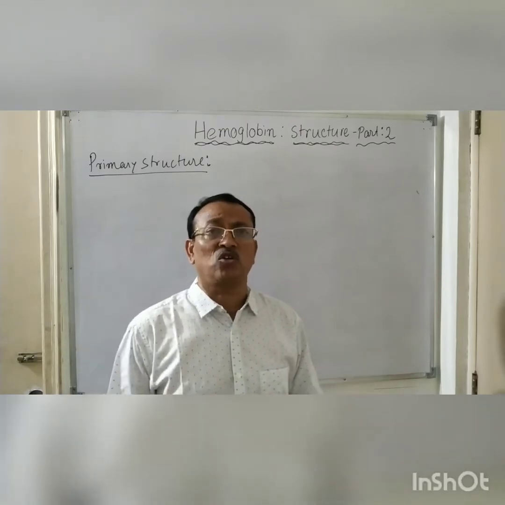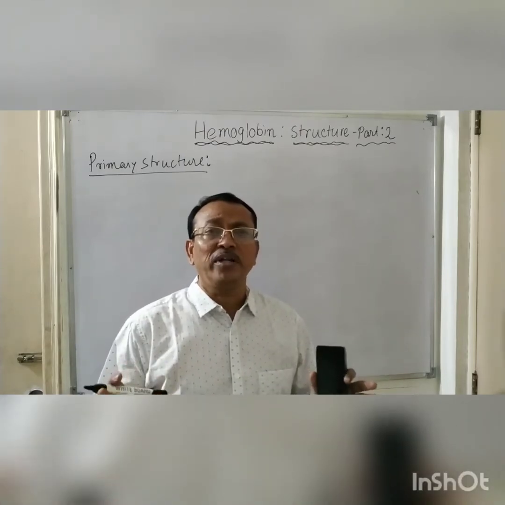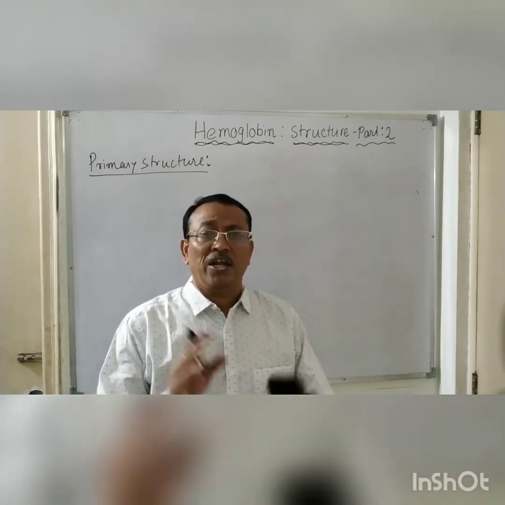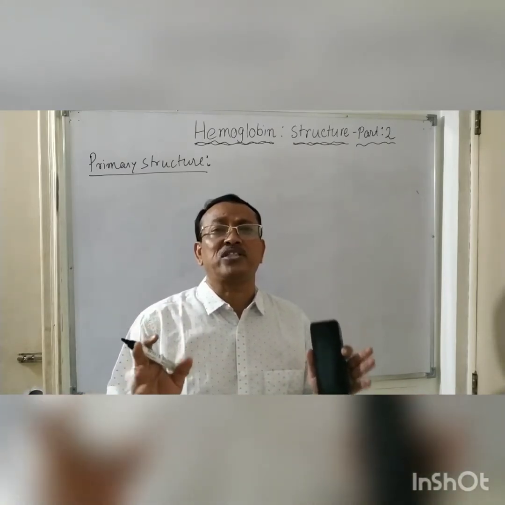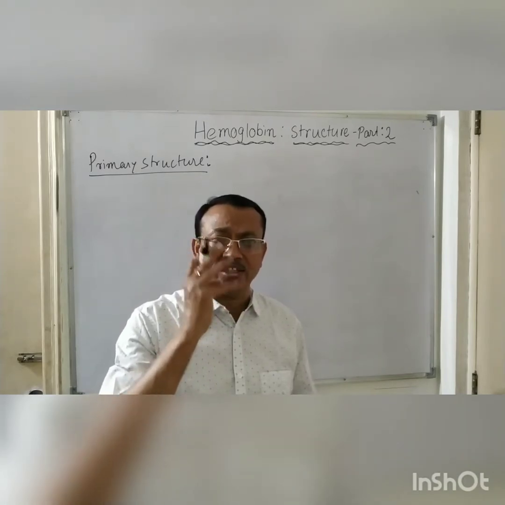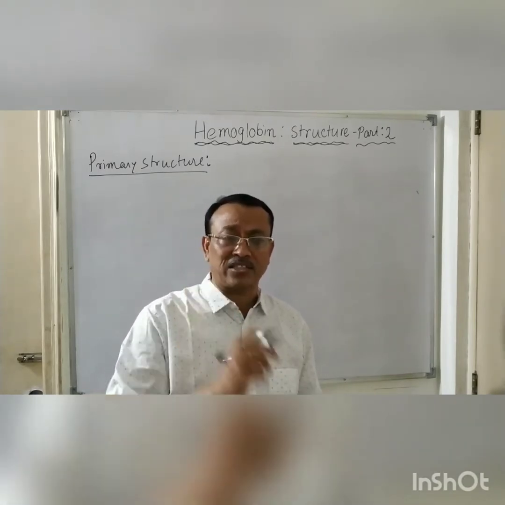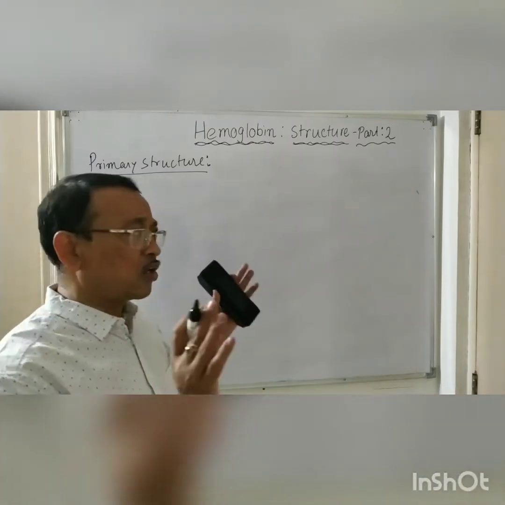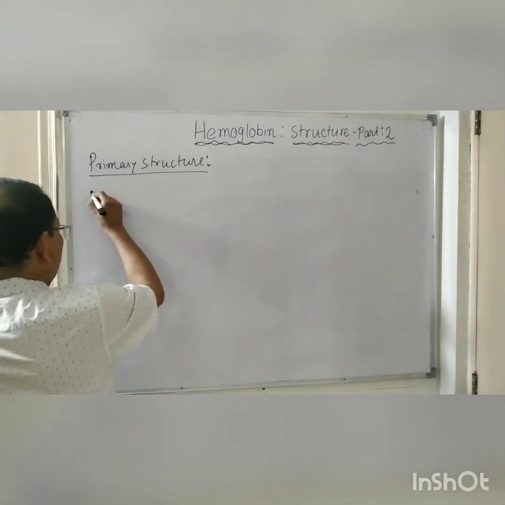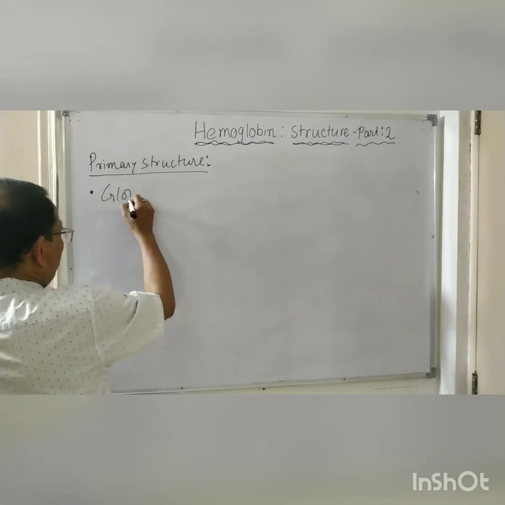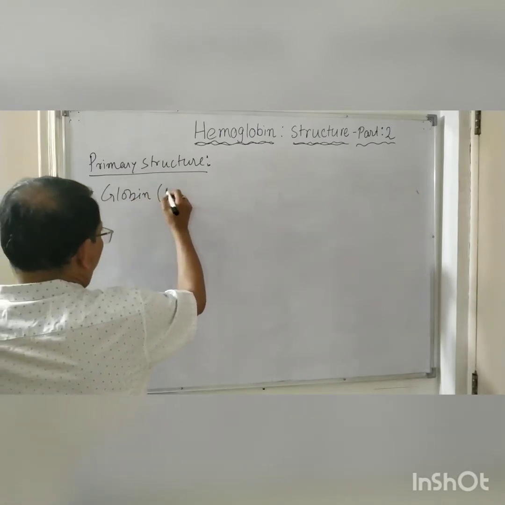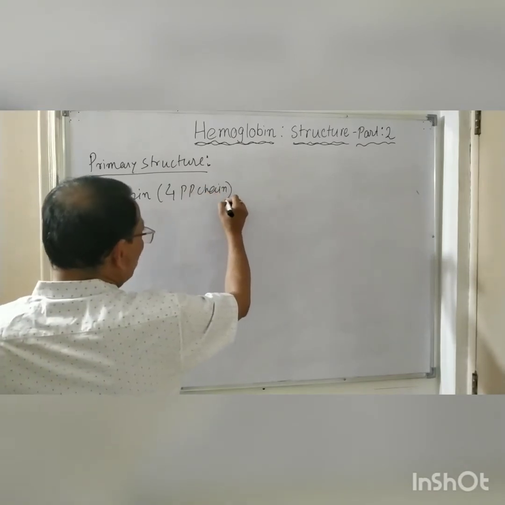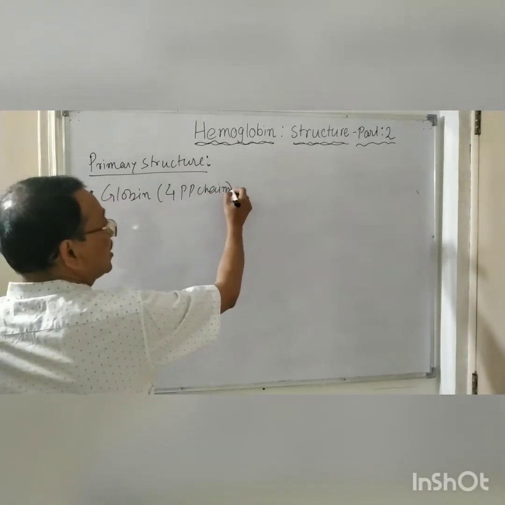As I told earlier also, hemoglobin is comprised of the heme part and the globin part. Now globin is basically comprised of four polypeptide chains. As per the primary structure, the globin is comprised of four polypeptide chains, and two types of polypeptide chains are there.